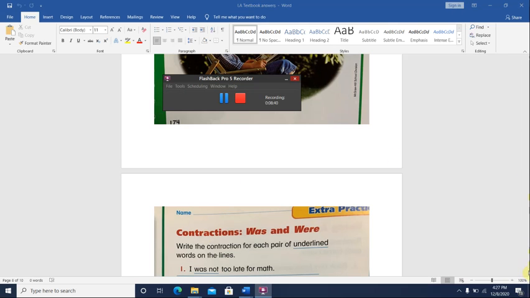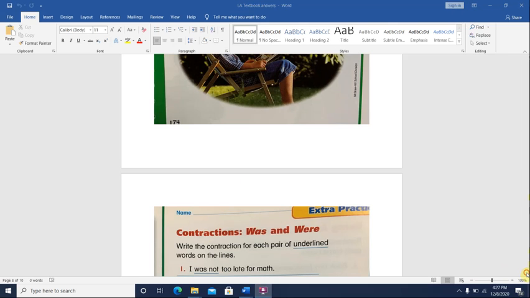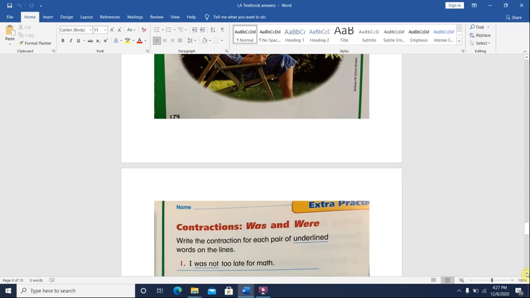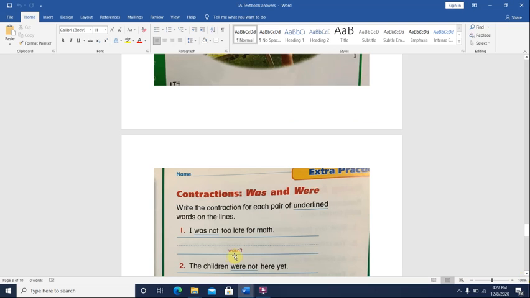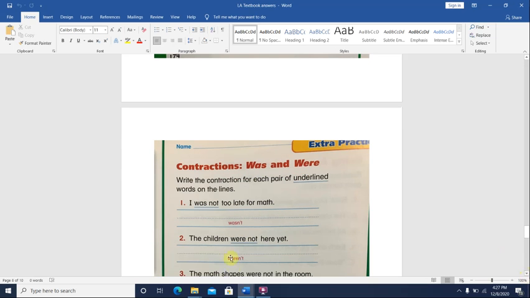Okay, where we stopped, we said if we want to make a contraction for was not and were not, here, the first one, I was not late for math. We will make a contraction by writing was and then N, apostrophe, and T. Okay, so we write the first word was and then N, apostrophe, and T. The apostrophe must be between the N and the T. Were not, same thing.